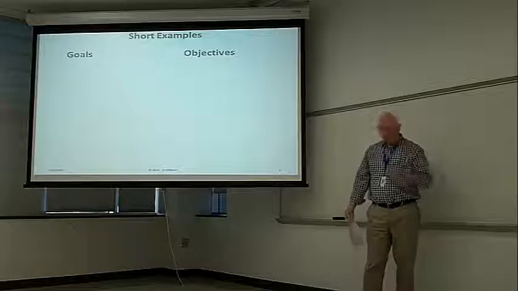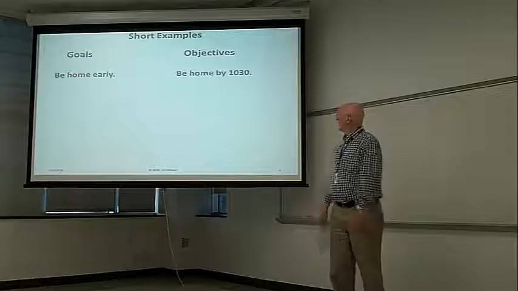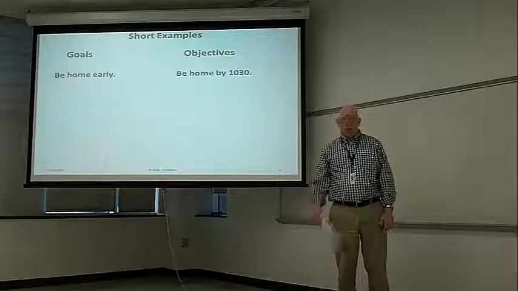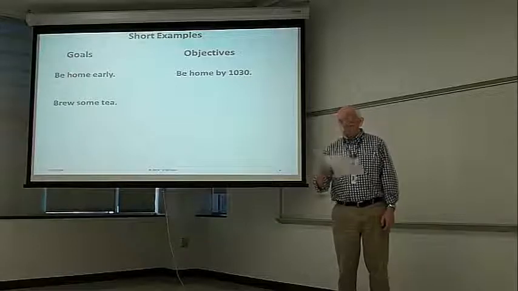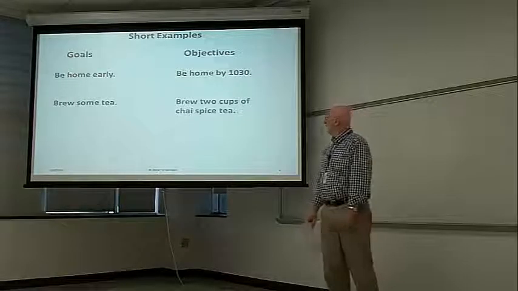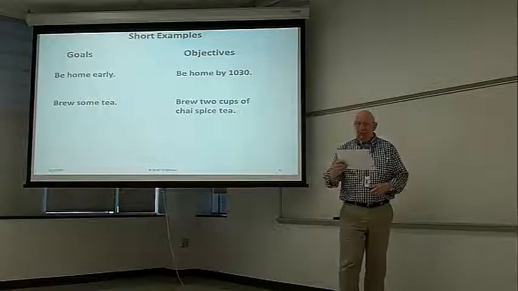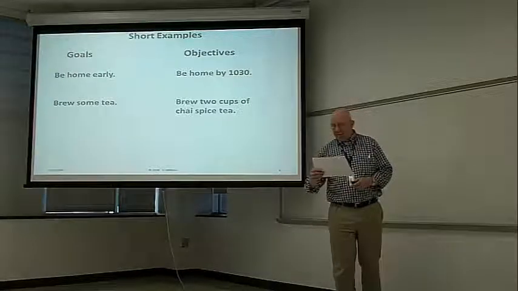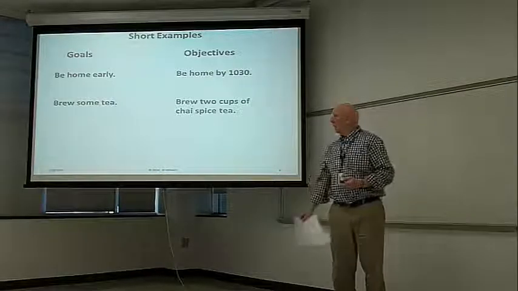Here are some short examples. A goal might be to be home early, whereas the objective is to be home by 10:30. The goal is to brew some tea. The objective is to brew 2 cups of chai spice tea, maybe by 4:30 this afternoon, and you do it.